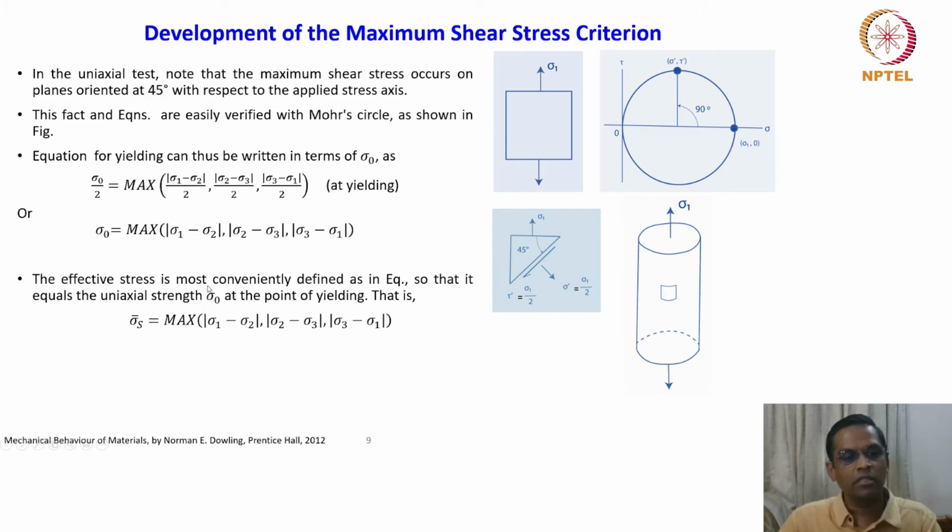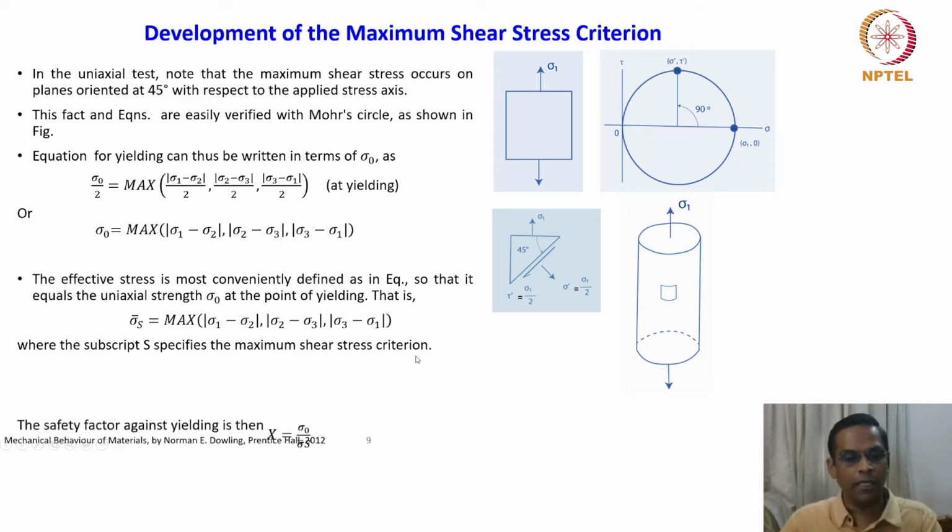The effective stress is most conveniently defined so that it equals the uniaxial strength sigma naught at the point of yielding. That is, we are interested in relating this to the simple yield strength in uniaxial tension. So it can be rewritten as sigma S bar is equal to max of tau 1, tau 2, tau 3, where the subscript S specifies the maximum shear stress criterion.